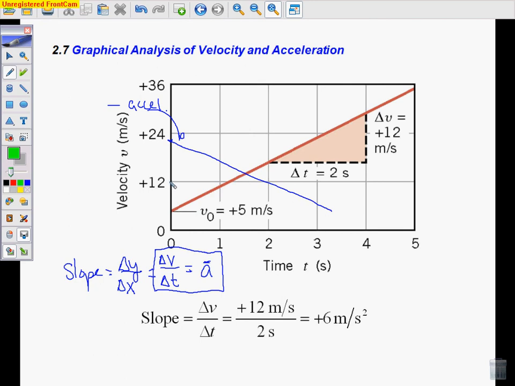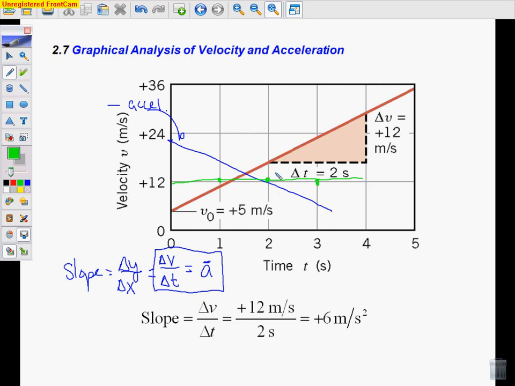If something's going at a constant velocity and we're measuring this, after 1 second we would measure their velocity and it would be 12. After 2 seconds we could measure it again and it would still be 12. After 3 seconds we would measure it again and it would still be 12. So constant velocity looks like a flat line on a velocity versus time graph.